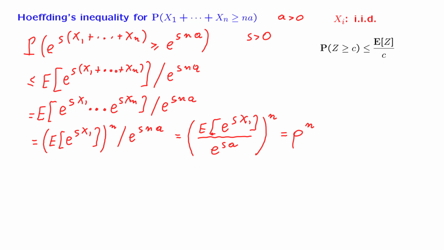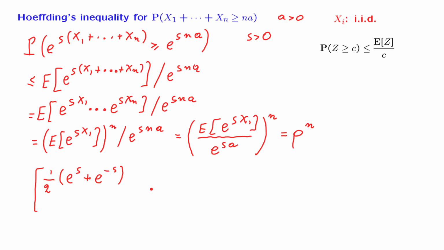First, let us write down what this expected value is. Since x1 takes values -1 or +1 with equal probability, this expectation is the following. With probability 1/2, x1 takes the value of 1, and so this random variable is e to the s, and with probability 1/2 it takes the value -1, in which case this random variable is e to the -s.